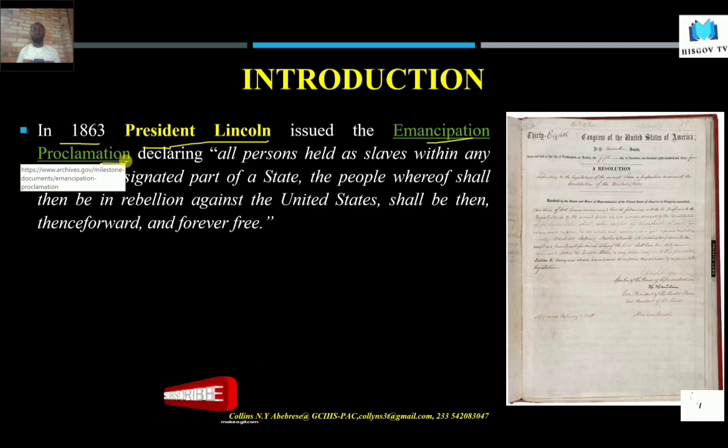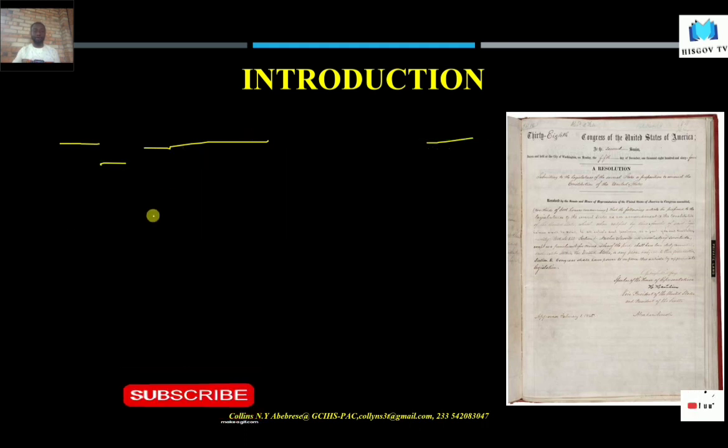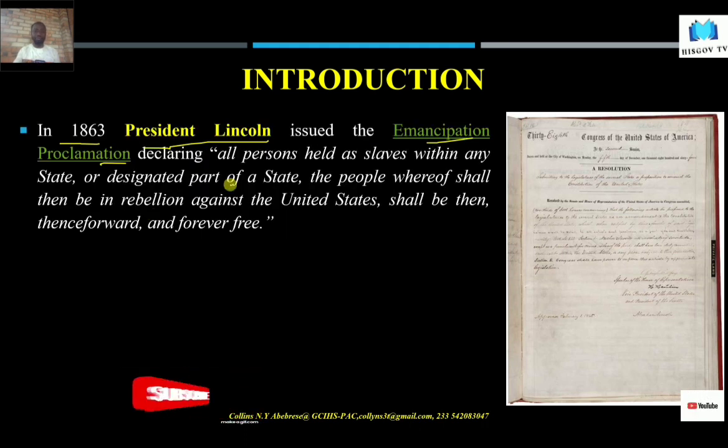In this Emancipation Proclamation, Abraham Lincoln declared that all persons held as slaves within any state or designated part of a state, the people whereof shall then be in rebellion against the United States, shall be then henceforward and forever free.